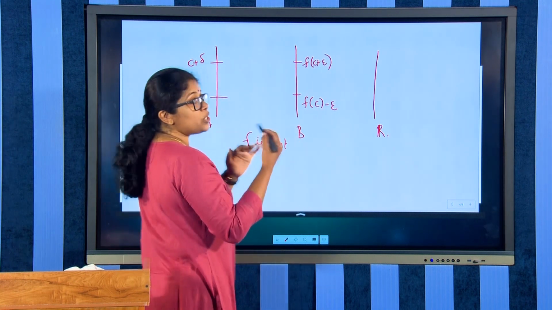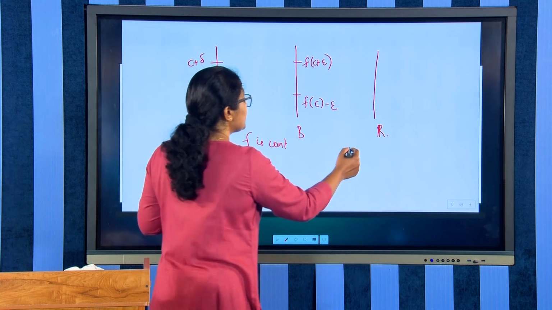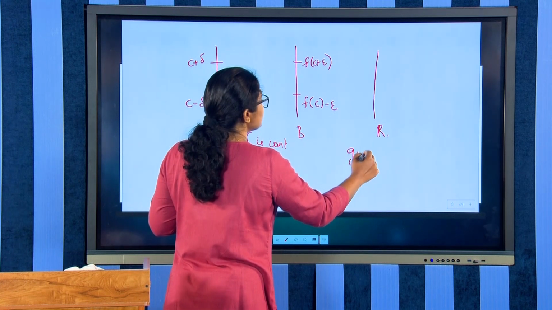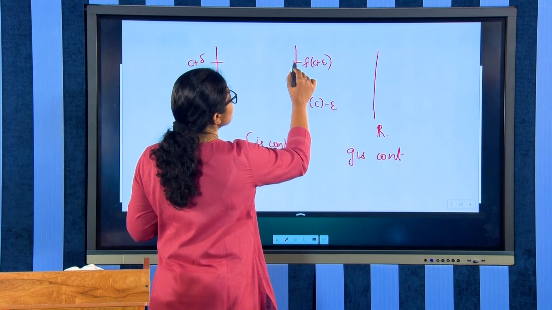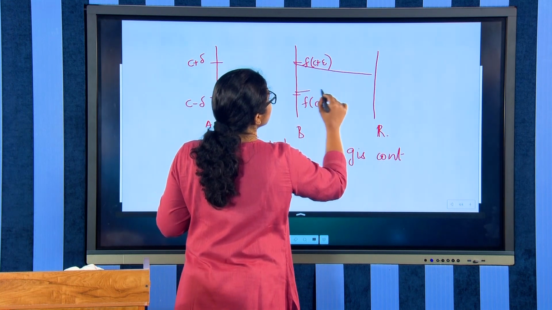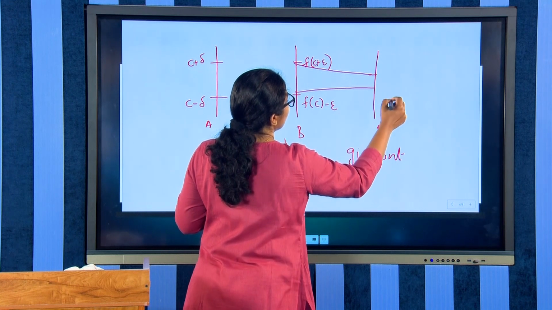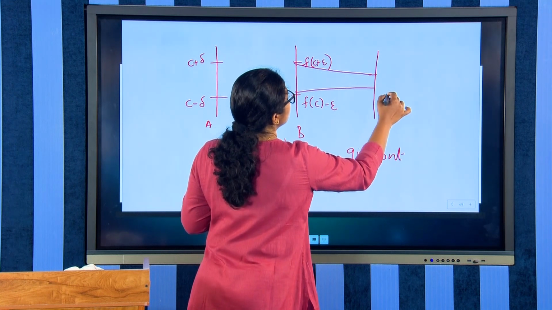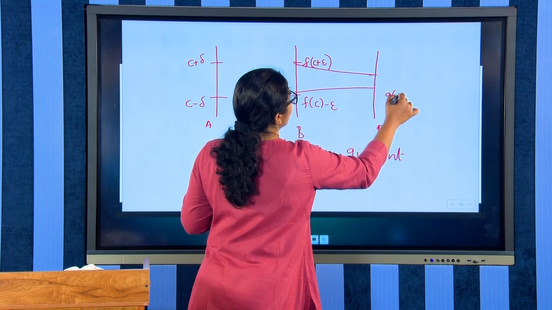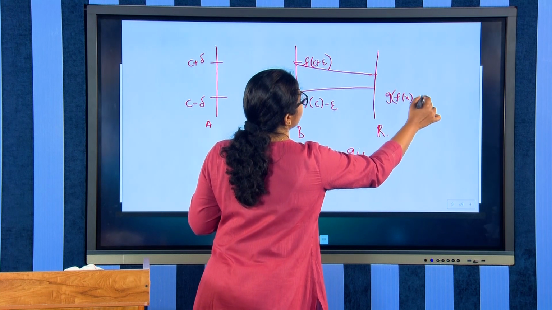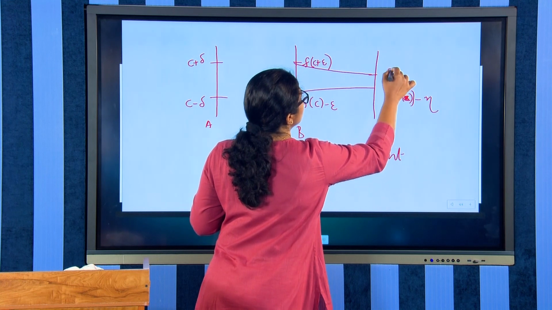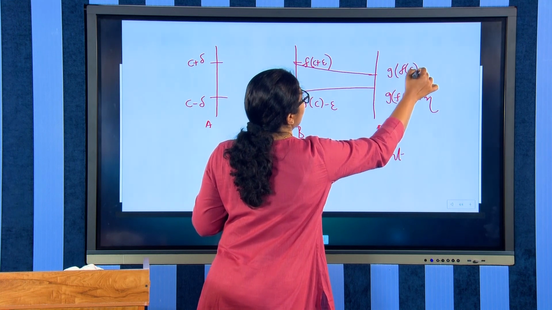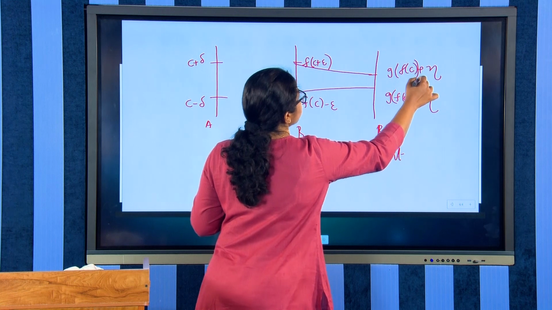And since g is also continuous, this is taken to some other neighborhood, say an eta neighborhood of g of f of c, (g of f of c minus eta, g of f of c plus eta).